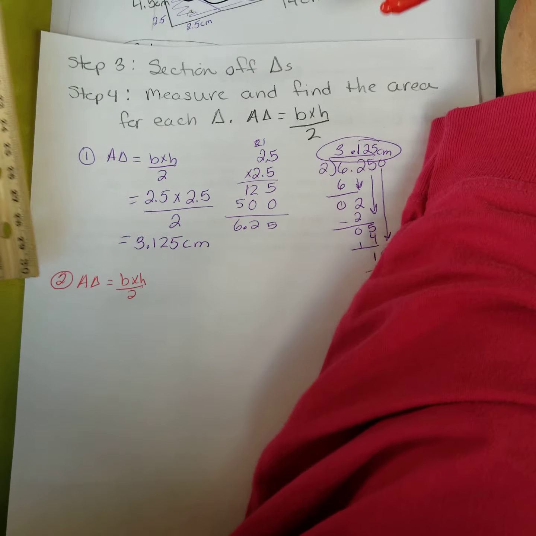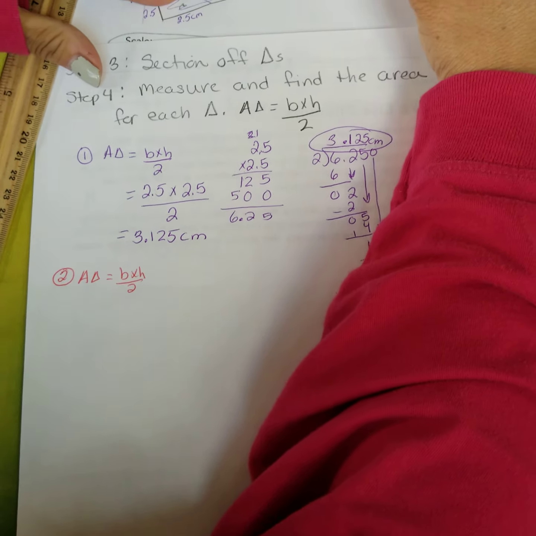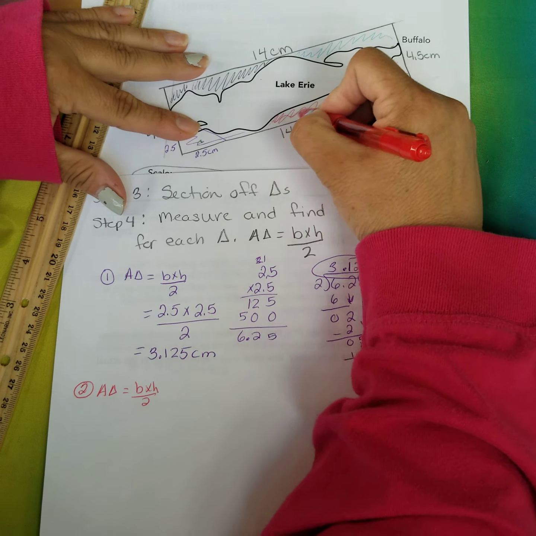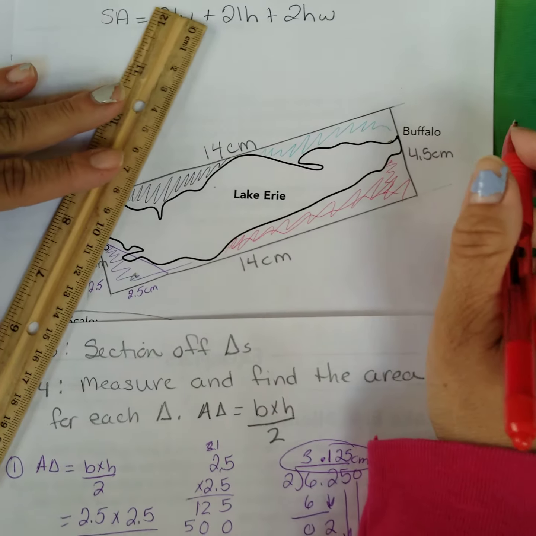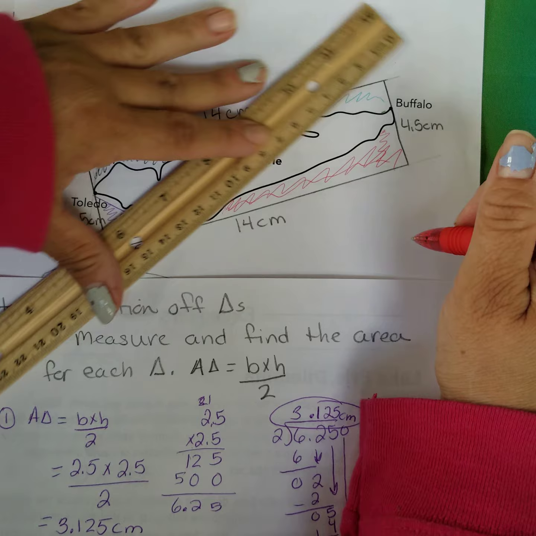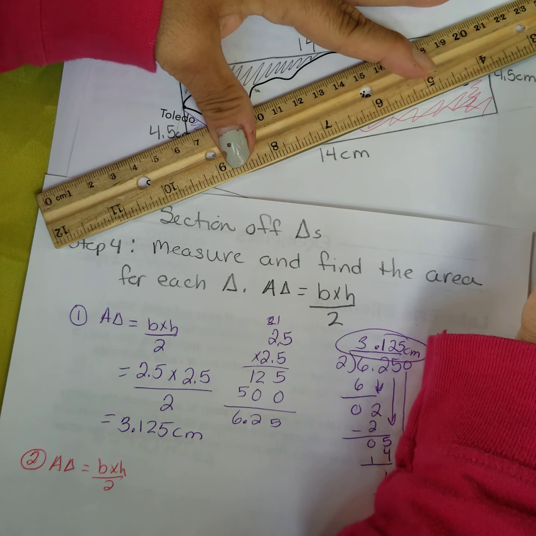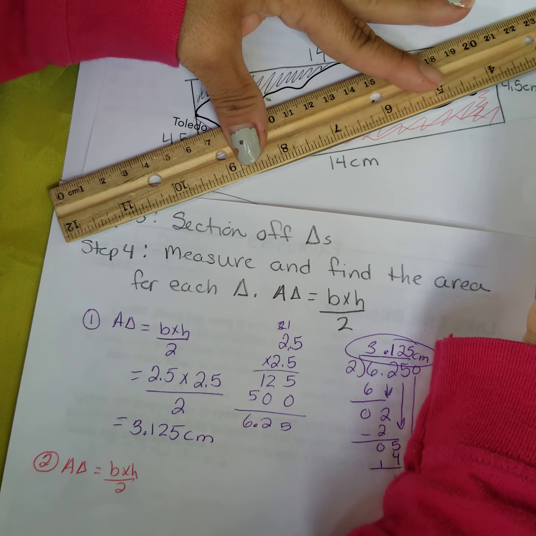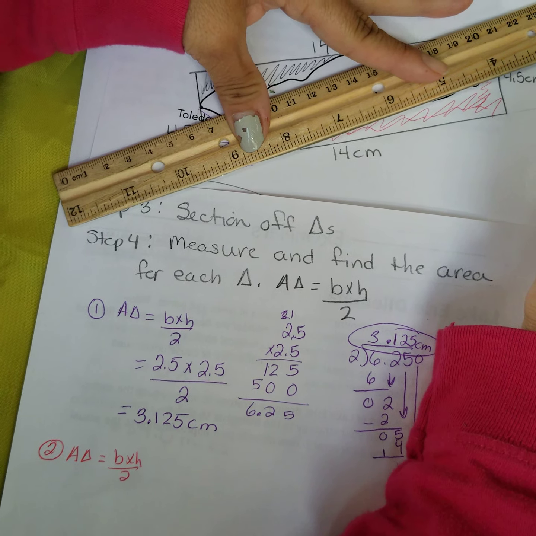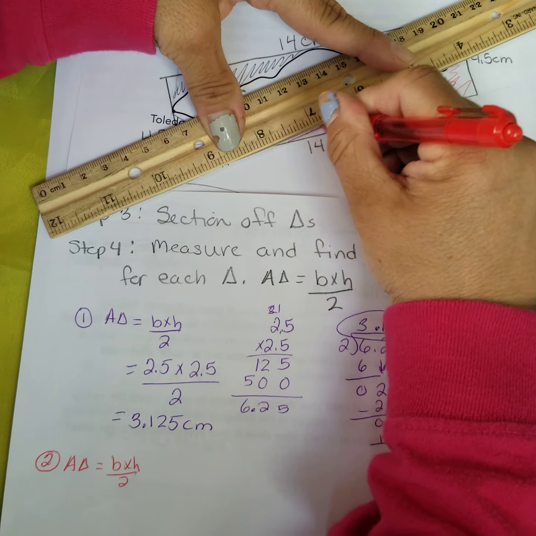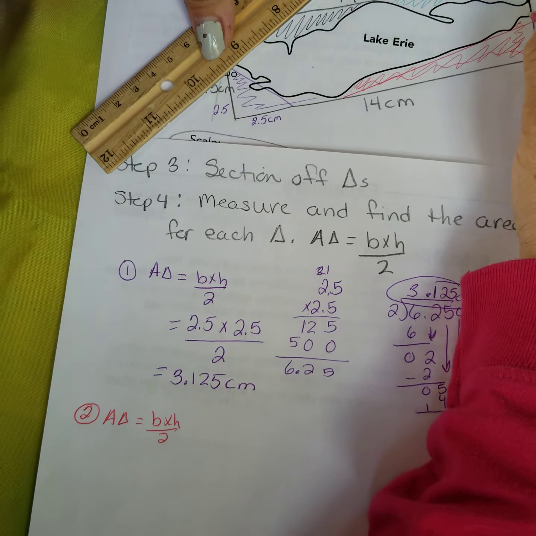Pause. We're going to find the triangle that is here and see if we can find the area. So this one, we can just guesstimate. A little bit easier than the other one, I think. Right?